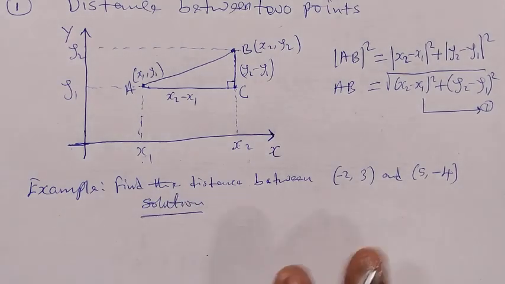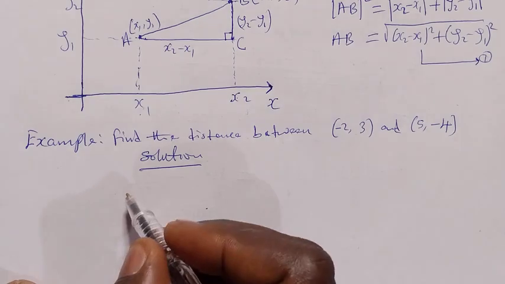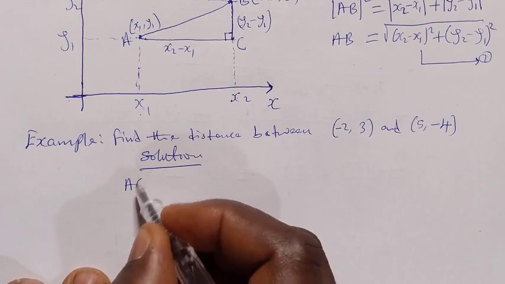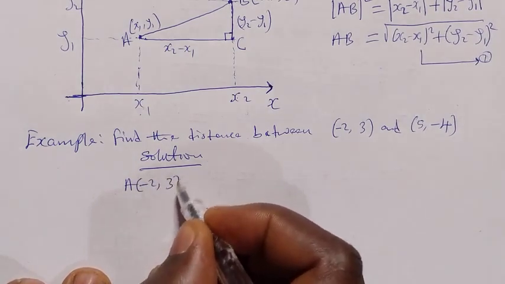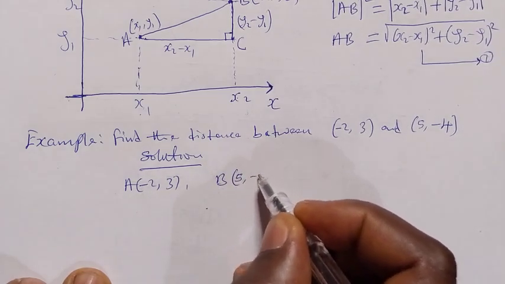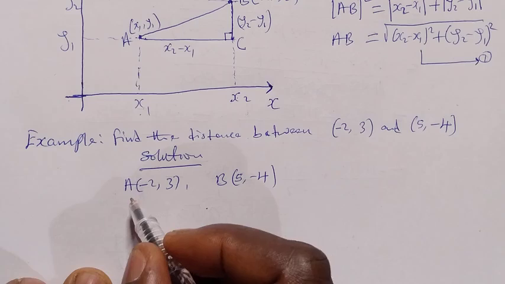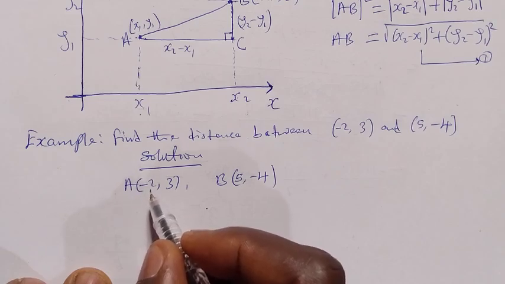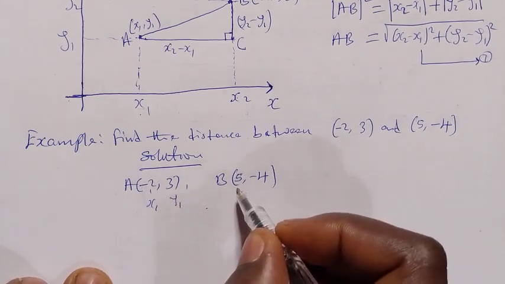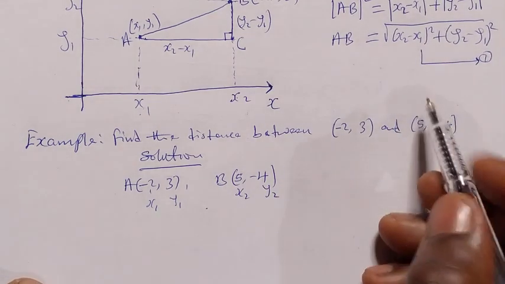Let's say our A is minus 2 comma 3 and our B is 5 comma minus 4. So what is happening here is that this one here is x1, this is y1, this is x2, and this is y2. So recall the formula.